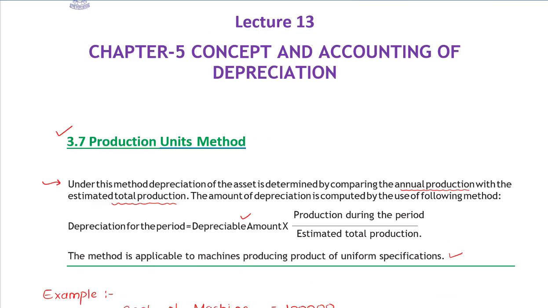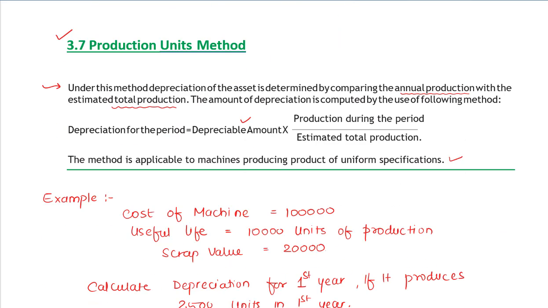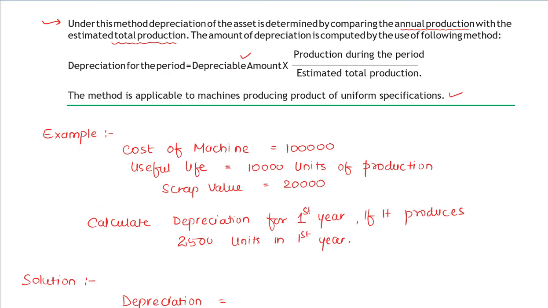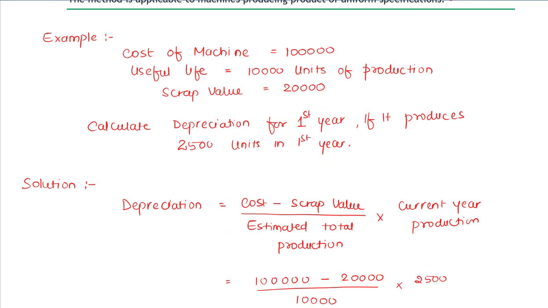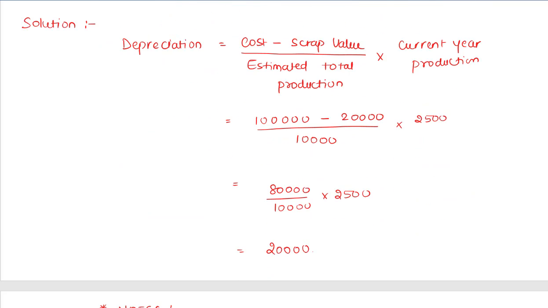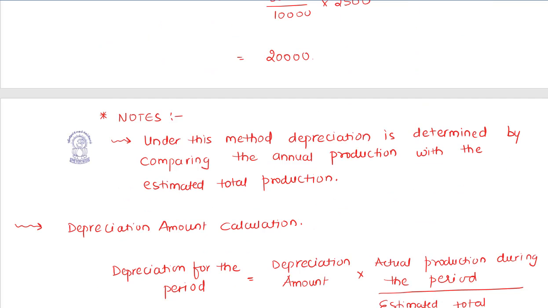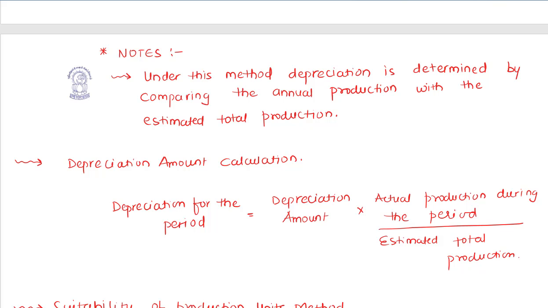We began today's class with the production units method. Depreciation is charged on the basis of units produced. We learned the formula to calculate depreciation, learned an example and calculated the depreciation amount.